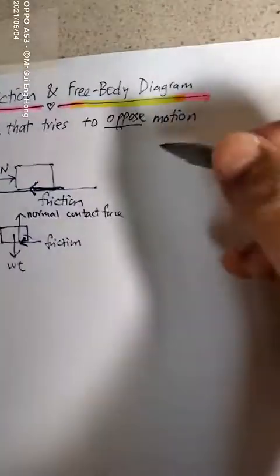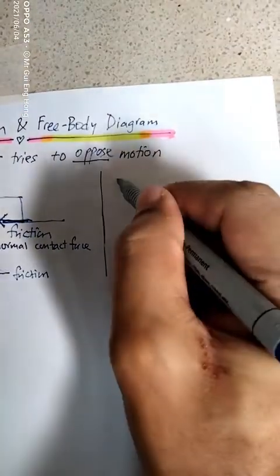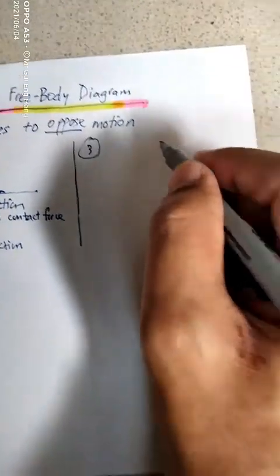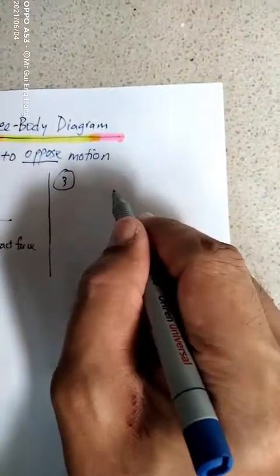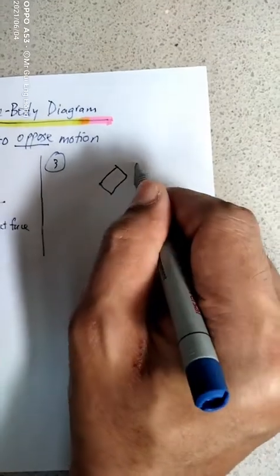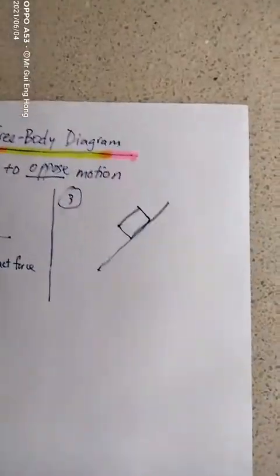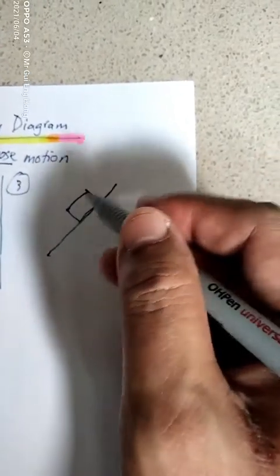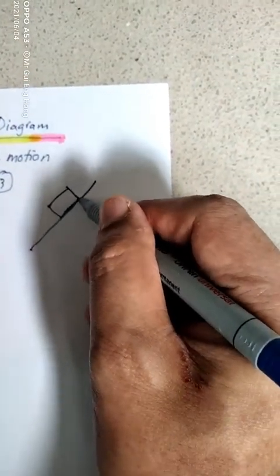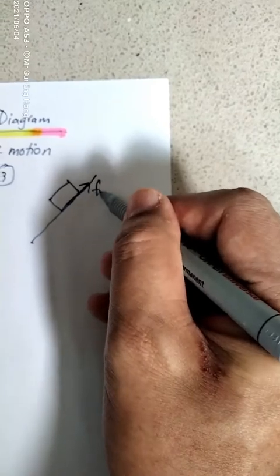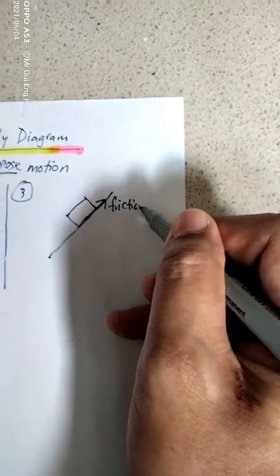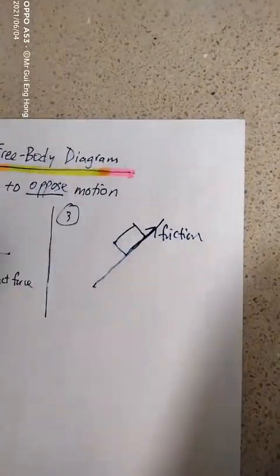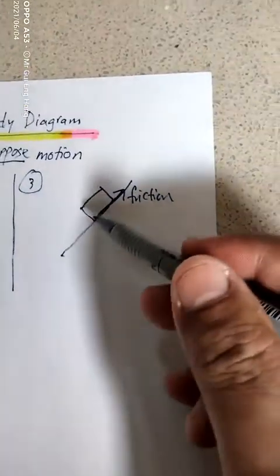Now let's look at the third example, where the box is on a slope. Because the box is trying to slide downwards this way, the frictional force is upward this way. It tries to oppose the motion, so it may or may not slide down.